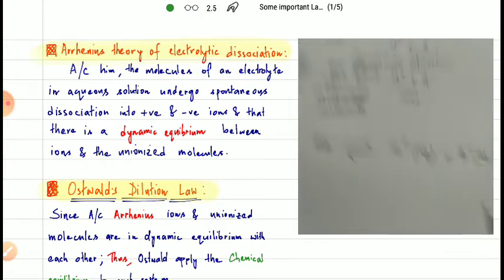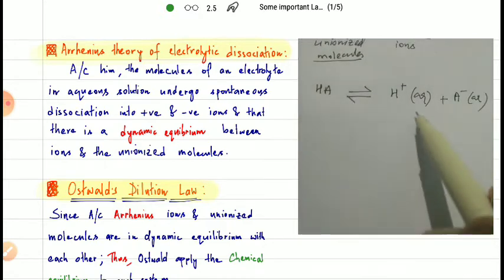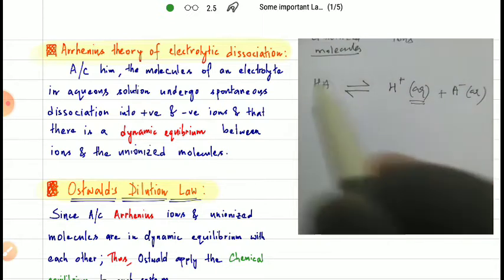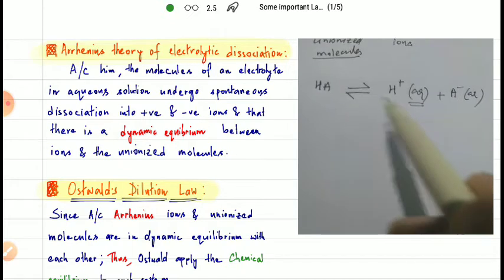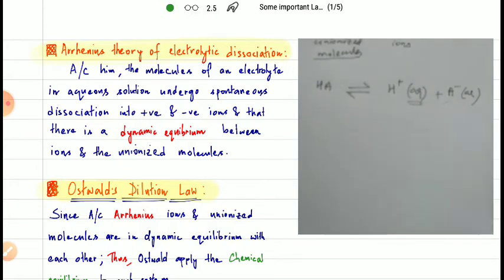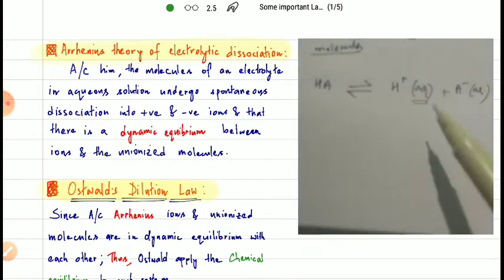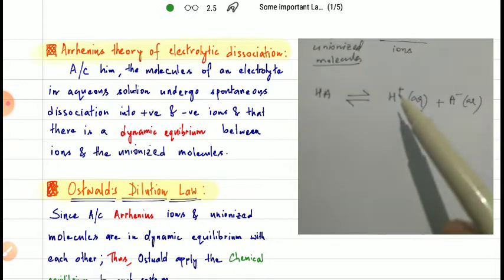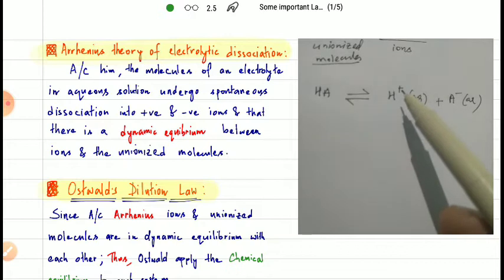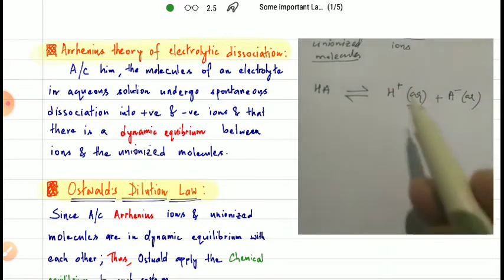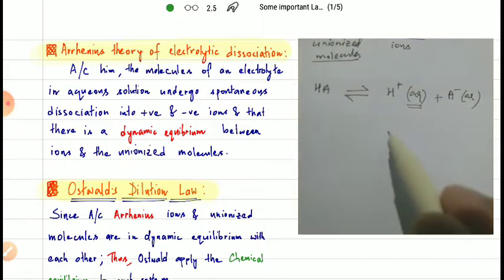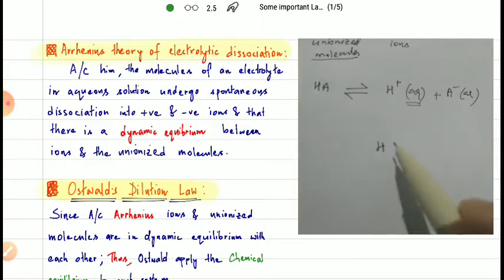No doubt the electrolyte will dissociate into its ions, but these carry charges: the cation carries a positive charge and the anion a negative charge.